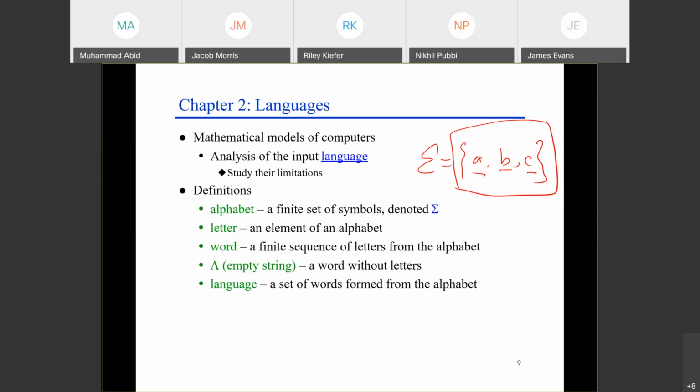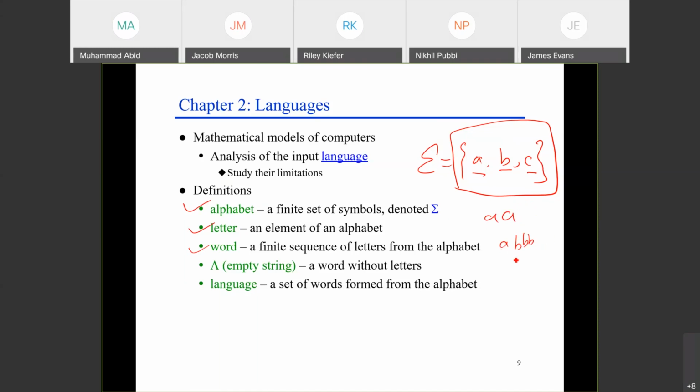So if you see the definition of the word, this is your alphabet, this is your letter, and then what is a word? A finite sequence of letters from the alphabet. So now say I have a word which is composed of two A's. I can reuse my letter, but all those letters should be part of this summation, this alphabet. I make a word which does not have any B or C, which is just two A's. Or let's say I have a word which is A and then B, B, B, and whatever after that.